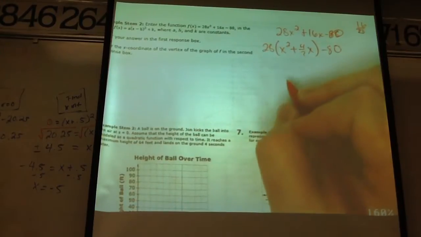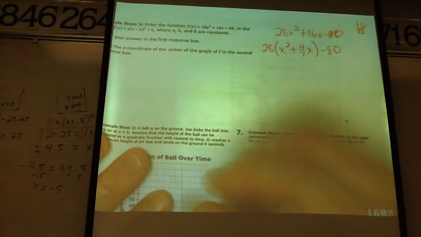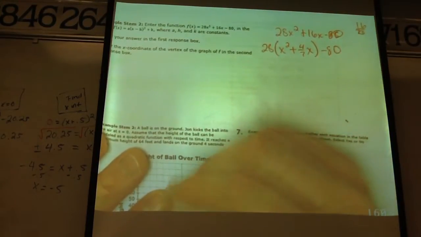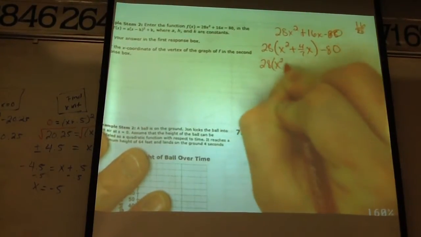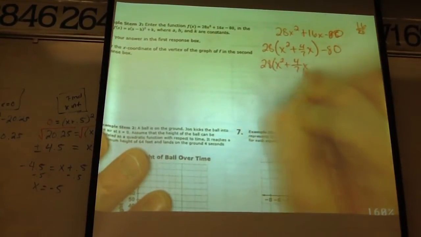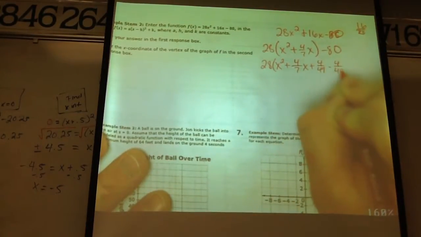Half of 4 sevenths will be 4 14ths, which is 2 sevenths. Squared is 4 49ths. x squared plus 4 sevenths x plus 4 49ths minus 4 49ths.